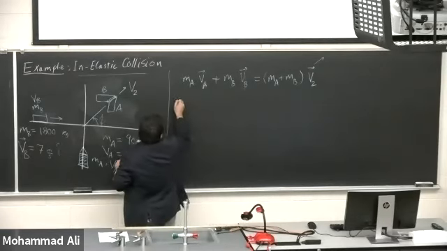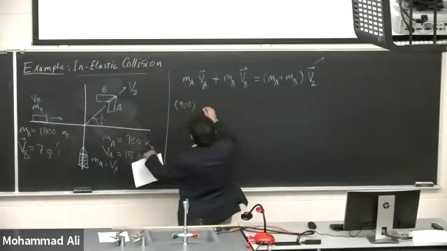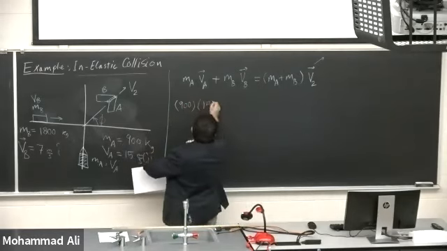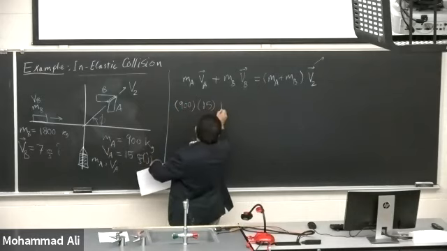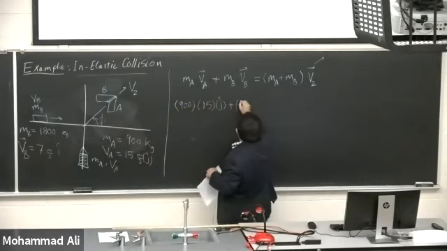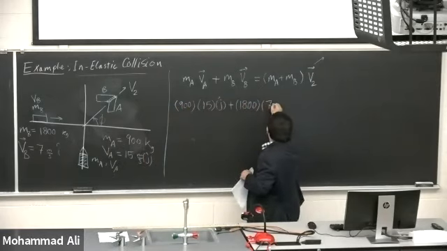Okay, mA is 900. We know how to apply the numerical values now. VA is 15 in the J direction, plus mB, 1800, multiplied by the velocity, which is 7 I hat.